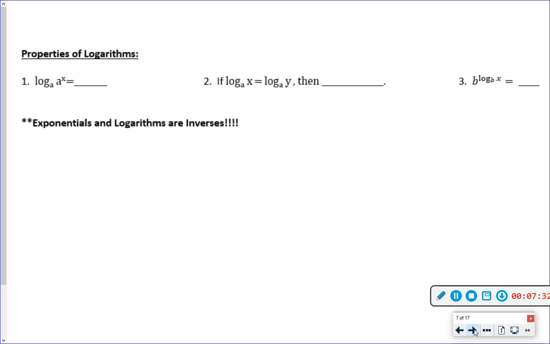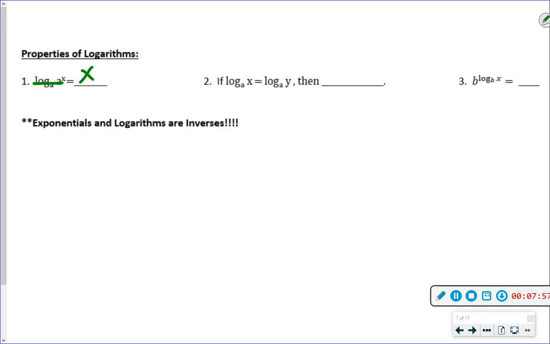Okay, some different properties that we're going to use, which, God, I love these. These are so easy. Now, remember, you'll hear me say it a million times this chapter, exponentials and logarithms are inverses. They cancel each other out. Just like square root cancels square, negative 5 cancels positive 5. Log base a and an a cancels to just the exponent.